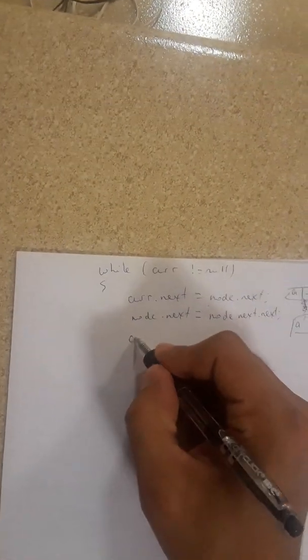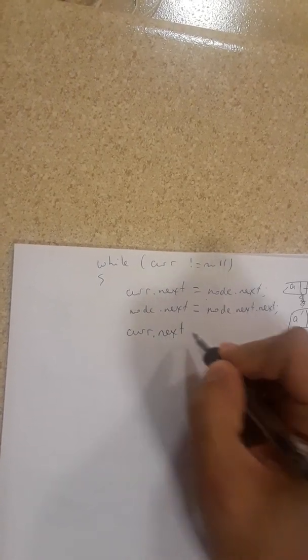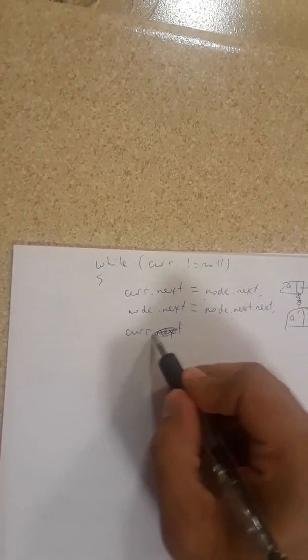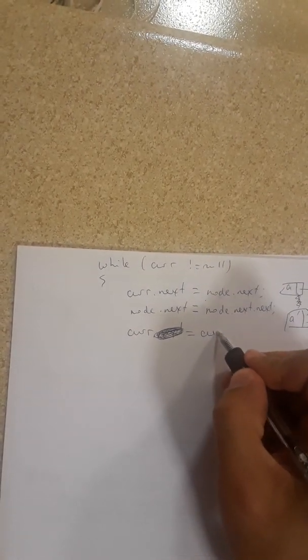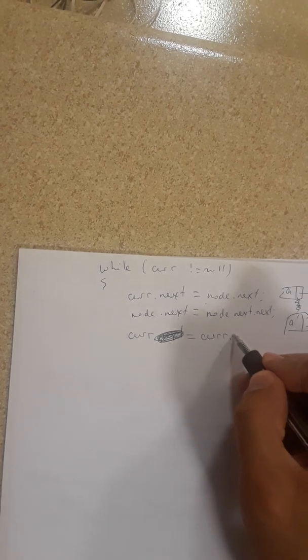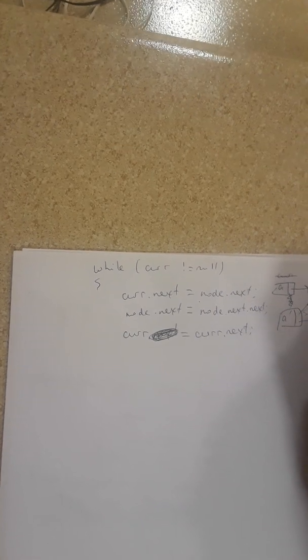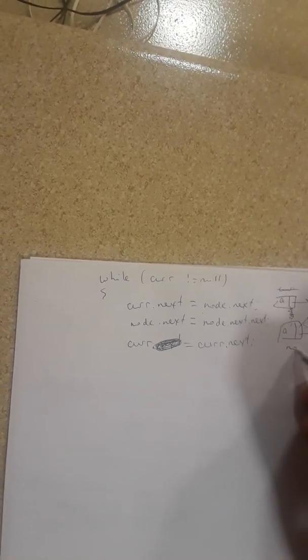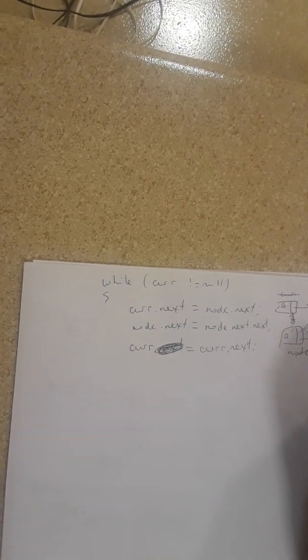And after that I'm just moving my pointers, like moving my nodes to the next node. So current was here, now I'm moving it to the next node, and the same thing will be done with the node, so it will be moved to the next one.